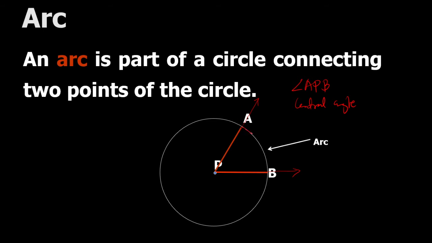This part, which is cut by line PB and line PA, is what we call the arc of a circle, which contains 2 points on the circle. So this is arc AB, or can be written as arc AB.